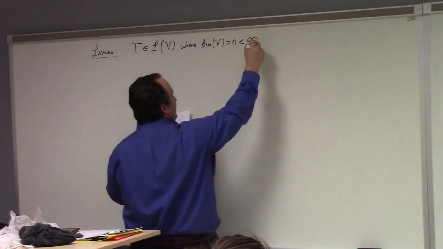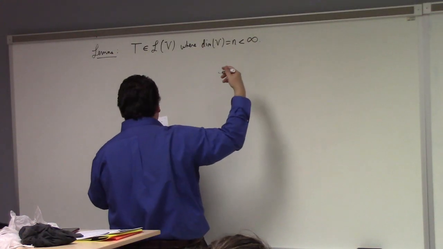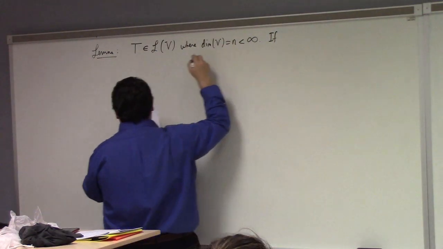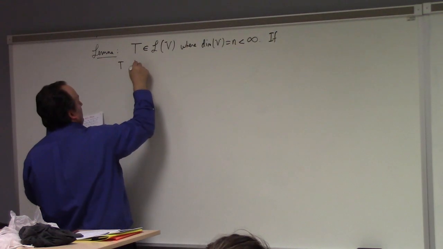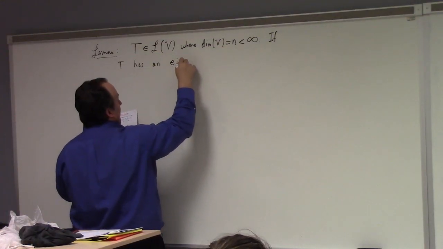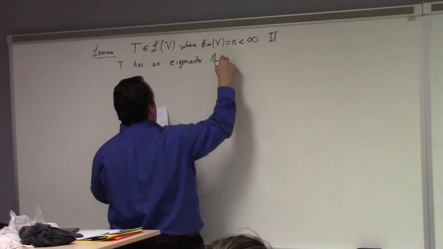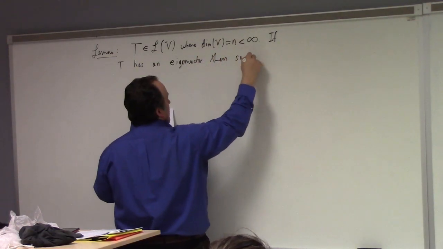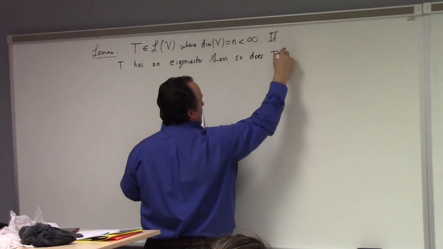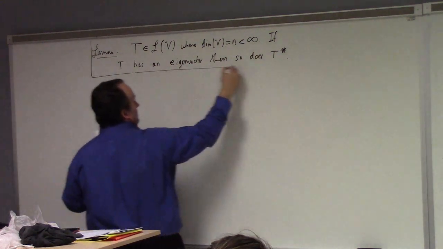That's just a really obtuse way of saying it's finite dimensional. All right. Then if T has an eigenvector, then so does the adjoint of T. All right.